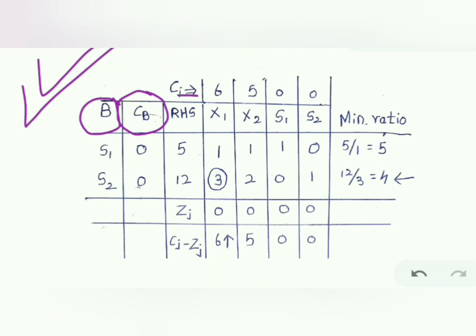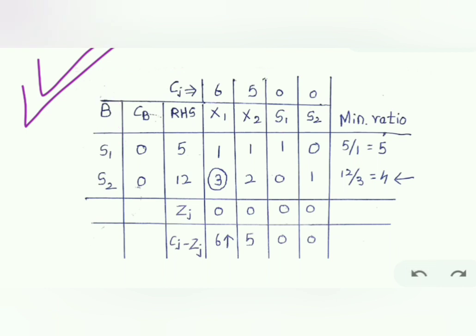Then RHS, the right hand side value. Cj shows you the profit value. Then x1 and x2 are variables, and s1 and s2 are slack variables. You need to remember this terminology.